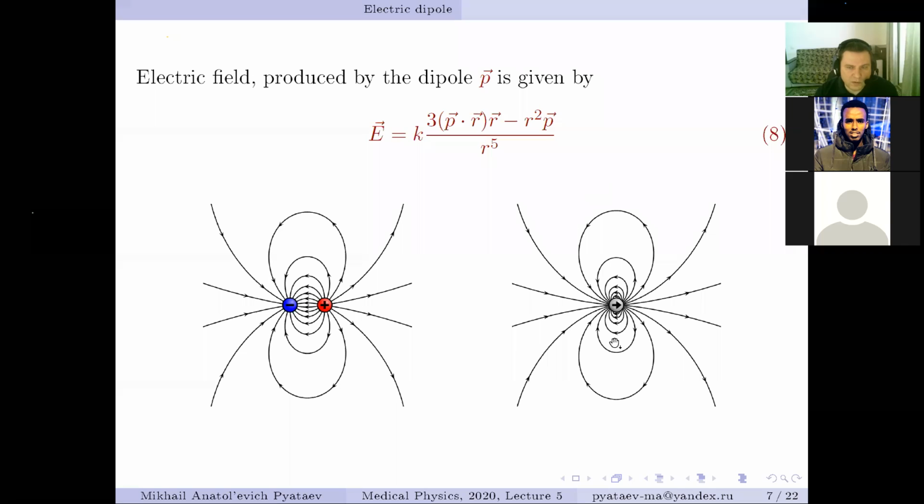And this object, I mean the electric dipole, is important from the point of view of application to electric cardiography. You see that almost every organ in our body is a complicated system from many points of view. And our heart, which produces some electric field, is again a complicated object.